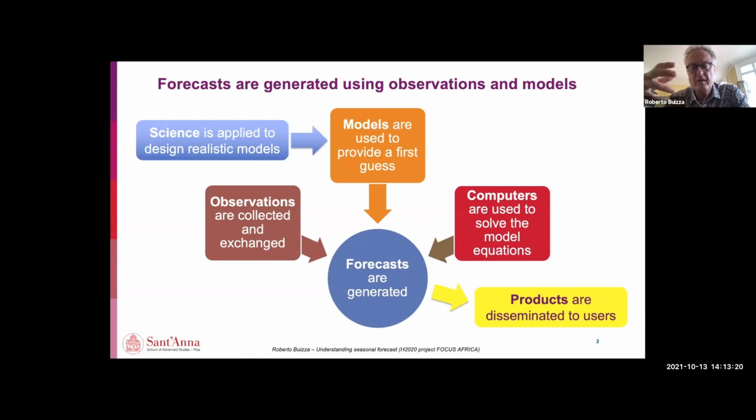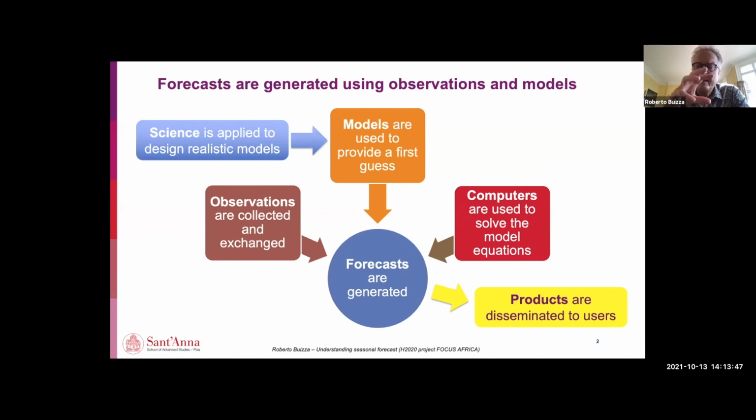They move, water condenses, and precipitates. And once we have understood science, we build models. Models are essentially pieces of software, very complex pieces of software, millions of lines of code, which are trying to solve the equations that we write that simulate the real processes.